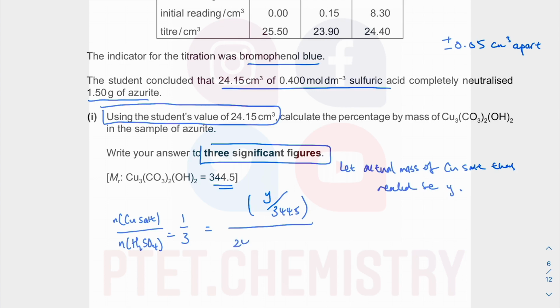Then I get 24.15 times 10 to the minus 3 times 0.400. So work out the Y.